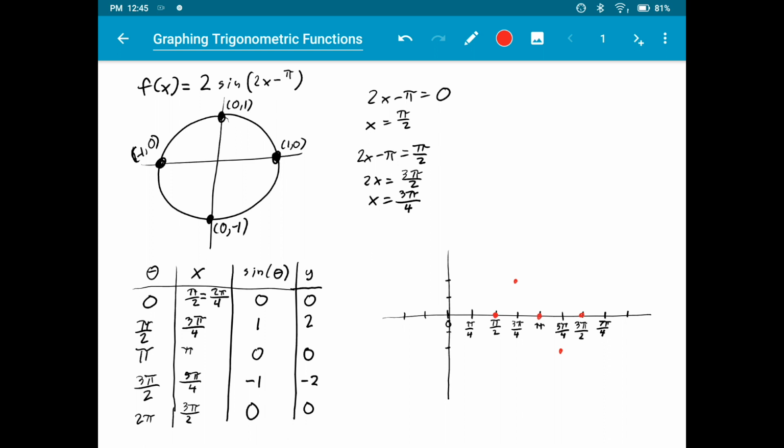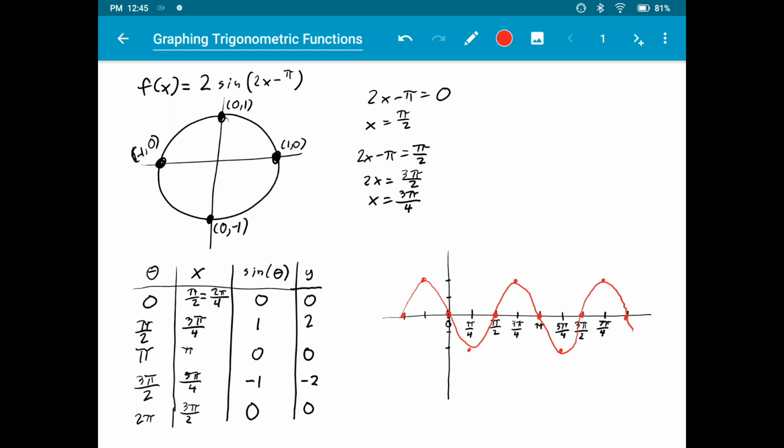This pattern is going to keep going as you go around the circle however many times, and it also works going the other direction. If we graph this, it's just connecting these points in a nice curve. And that is the graph of f of x, which is 2 sine of 2x minus pi.